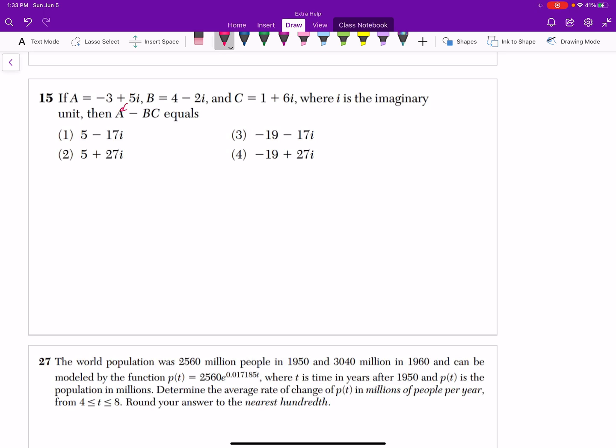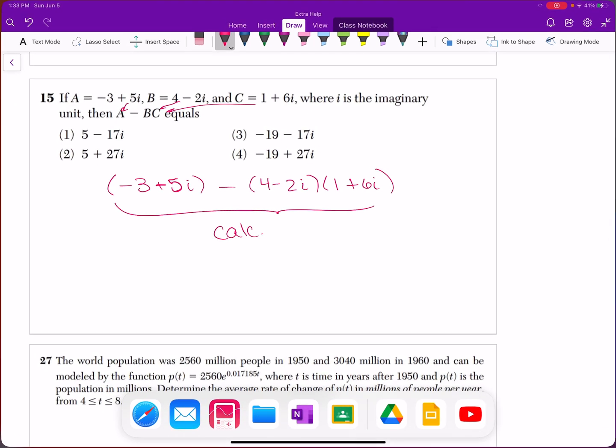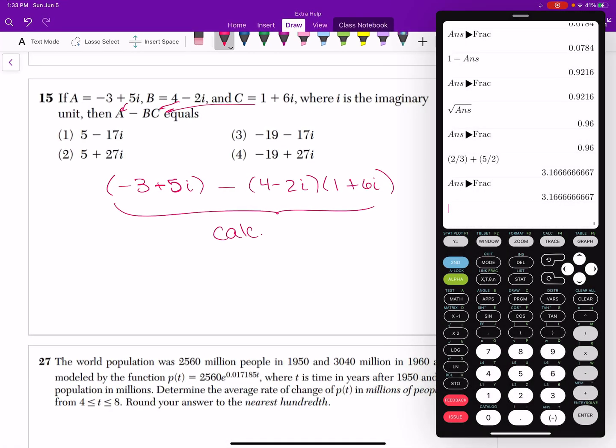So plugging all of these in for A, B, and C, we get negative 3 plus 5i minus B, which is 4 minus 2i, times C, which is 1 plus 6i. Hard part, I think, is making sure that you plug those in with parentheses. And then from there, I would type this into my calculator. Let your calculator do the order of operations for you.